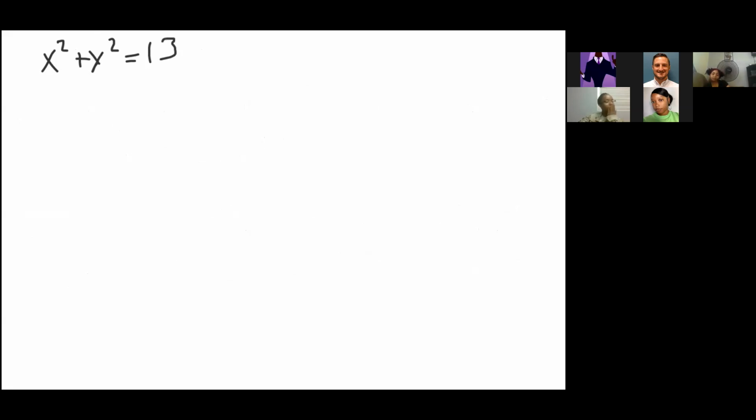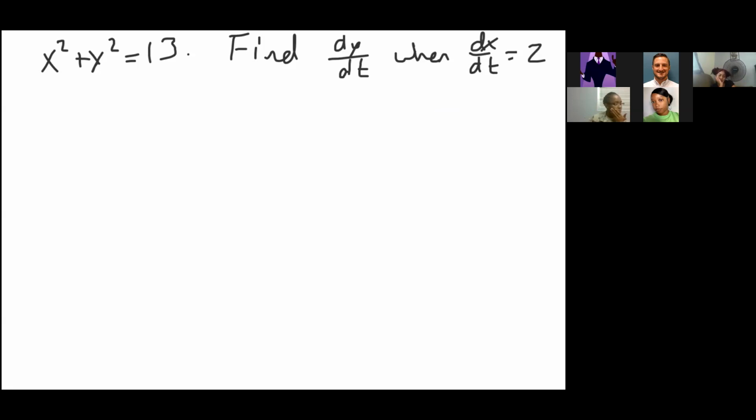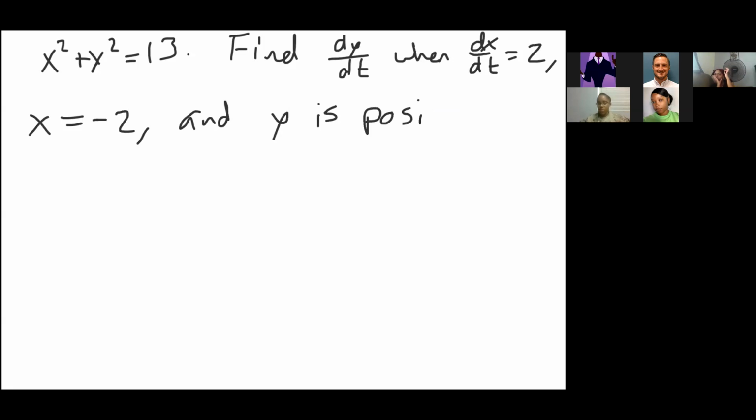And I again want to find how y changes over time when I know some pieces of information. So I want to find dy over dt when I know how x changes over time, dx over dt, is equal to 2. I'm also given that x, the value of x itself, is -2. And the last piece of information is y is positive.